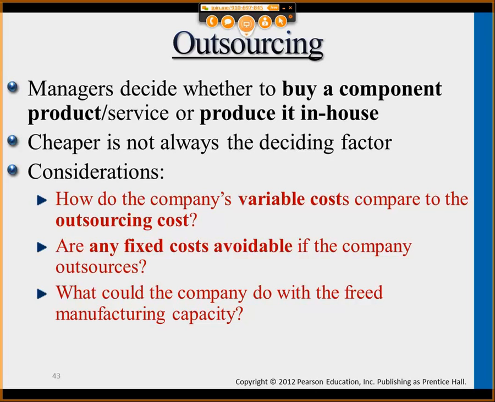So we want to avoid those fixed costs, right? What could the company do with the freed manufacturing capacity? Do you remember, these questions kind of mirror the ones that we had in the decision-making process. So what could the company do with that freed manufacturing capacity? Use it for another product, maybe. So that's a decision to make. We need to have this freed manufacturing capacity either engaged in another product, or maybe we need to get rid of it.